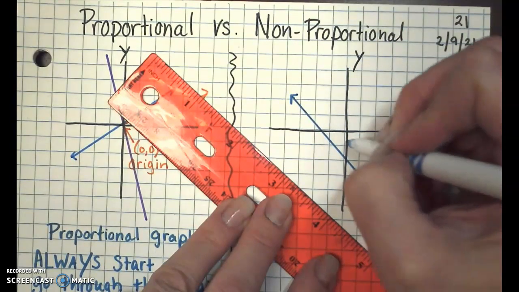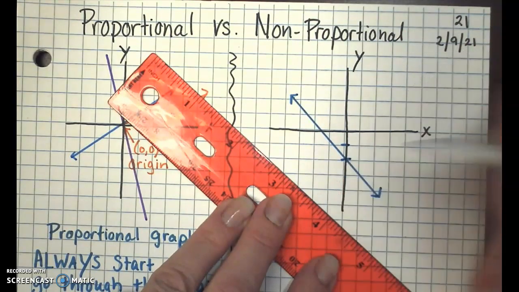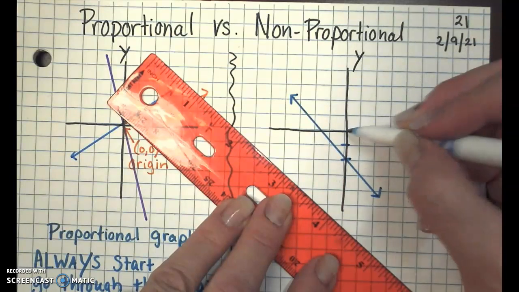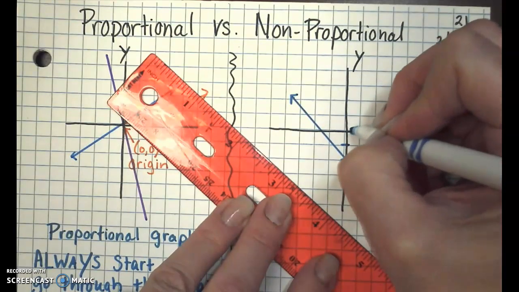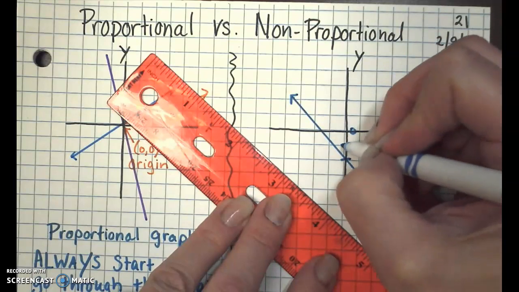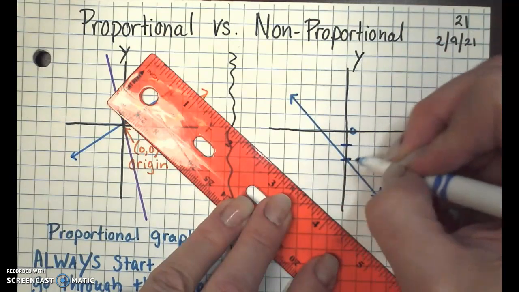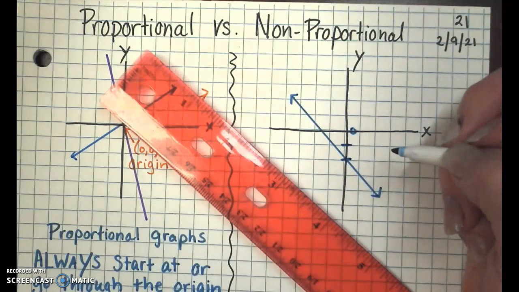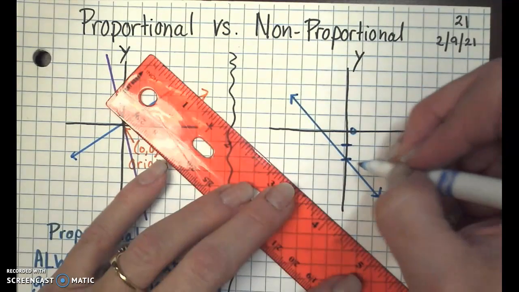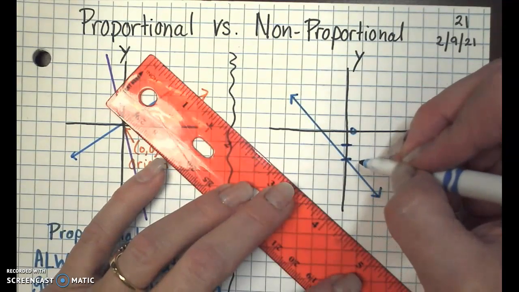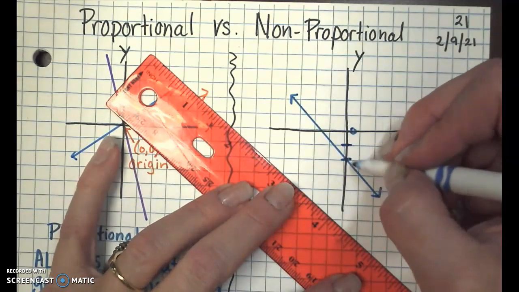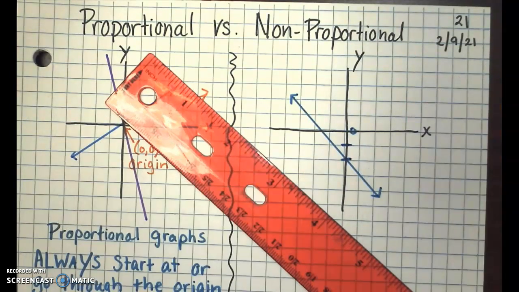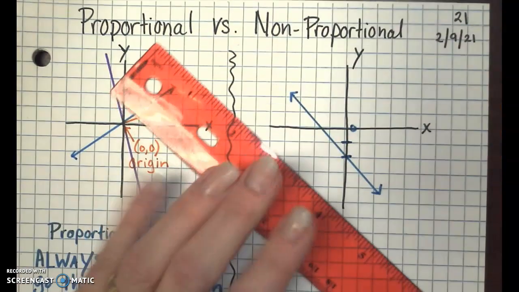It is touching the y-axis at what number? If this is 0 right here, this is negative 1. Negative 2, yeah, exactly. That's right. So this is actually touching the y-axis at negative 2. Not proportional.